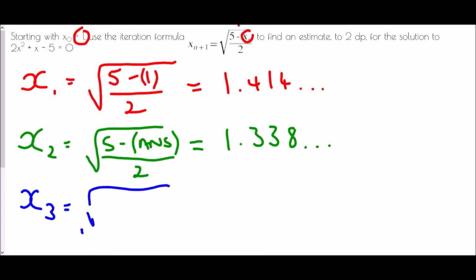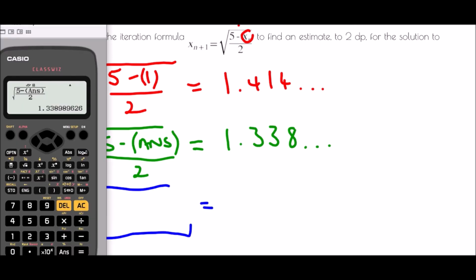Same thing, we don't need to type all of this in because it's already in our calculator, so we just press equals again.